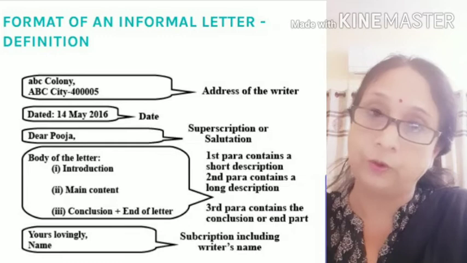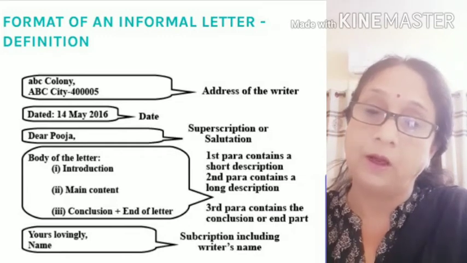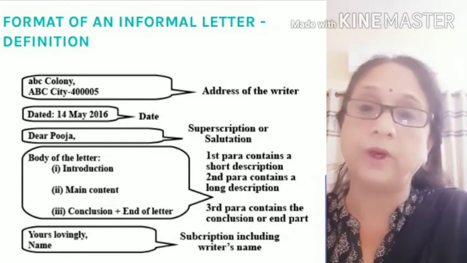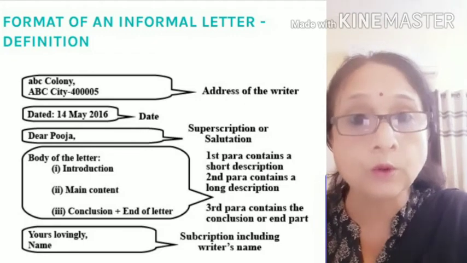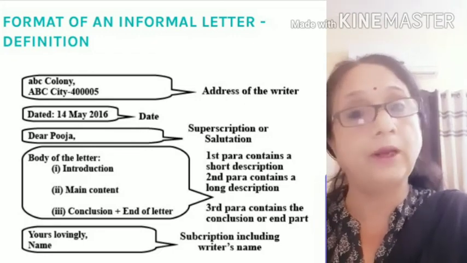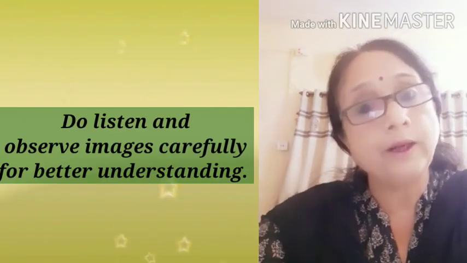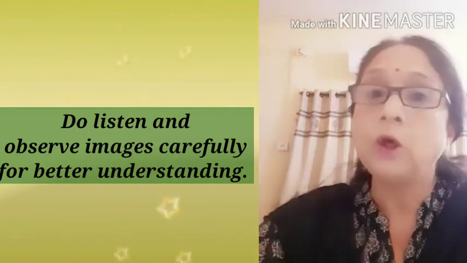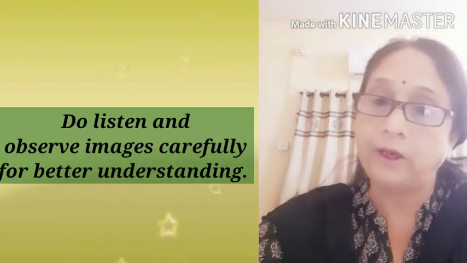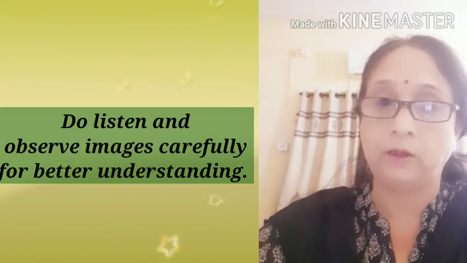Now in this video, I'm going to show you some images and tell you how to write an informal letter. Is that clear? Do listen carefully, pay attention and look at the images carefully so that you understand it well. Okay.